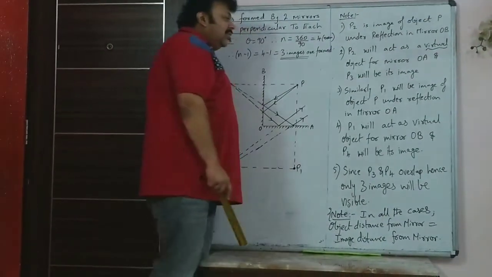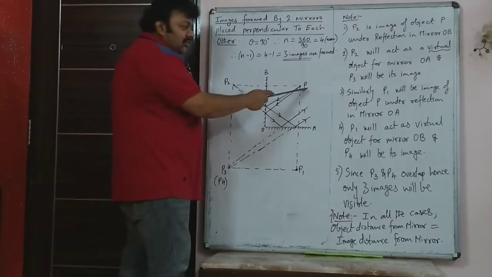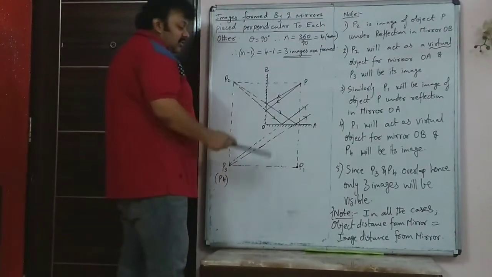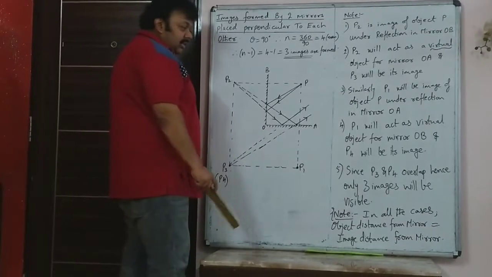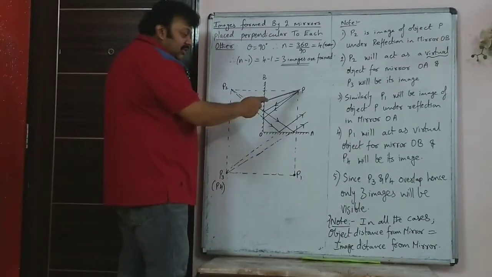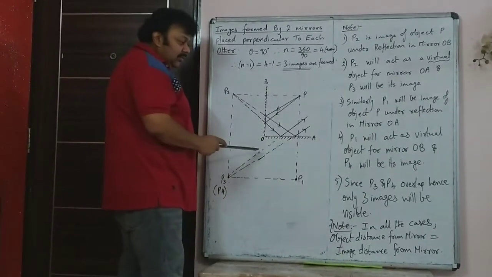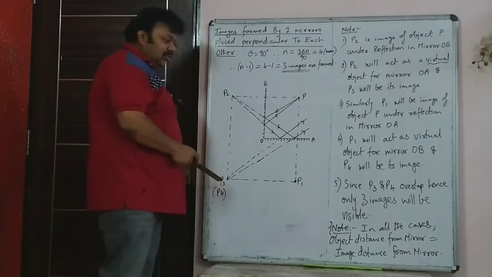Similarly, P1 will be the image of object P under reflection in the mirror OA. And last, P1 will act as a virtual object for the mirror OB and P4 will be its image.